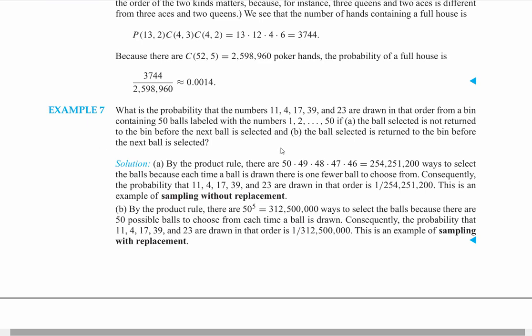And one more here. So no cards this time. We're back to kind of lottery balls. What is the probability that the numbers 11, 4, 17, 39, and 23 are drawn in that order from a bin containing 50 balls labeled 1 through 50?